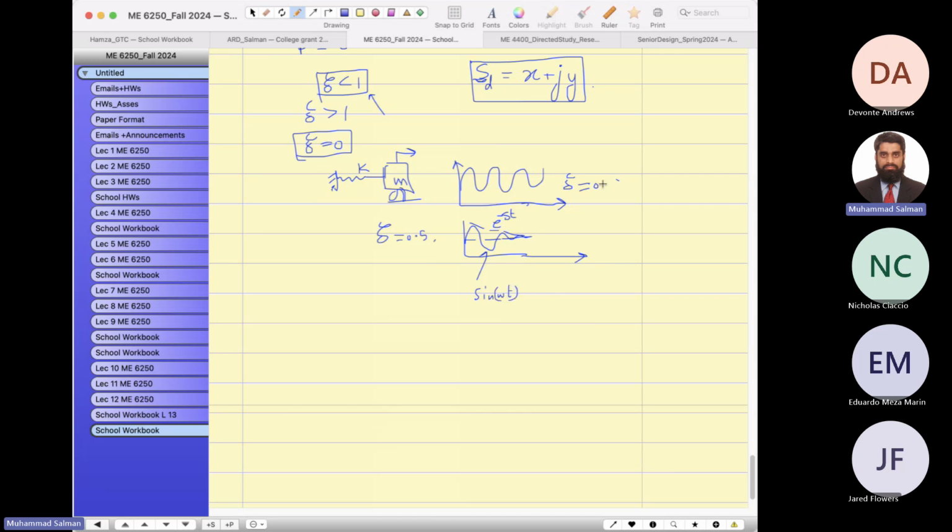So let's find out this desired pole location when zeta equals 0.5. Let me show you one figure from the book over here. Yes, this is an important figure for our understanding.